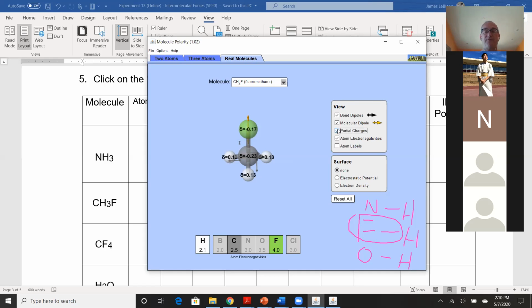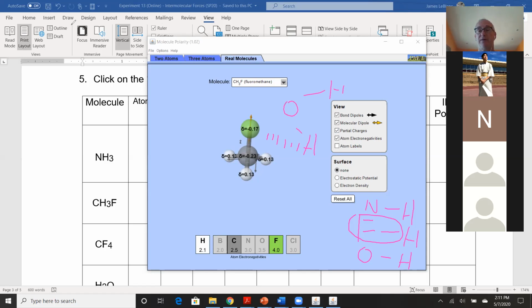So this fluorine could accept a hydrogen bond, but it can't donate one. So it can't hydrogen bond with itself. It could hydrogen bond with water, if water was there. If I had a water here, there might be a hydrogen bond between the fluorine and this hydrogen.